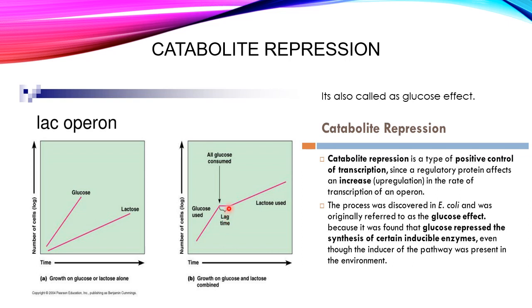And then here you can see the exponential rise of the number of cells on utilization of lactose. Thus, the catabolic repression is seen by the glucose on the lac operon model. Thus, catabolic repression.